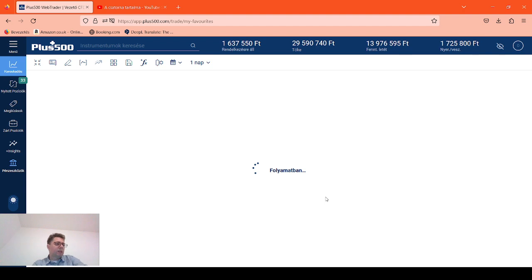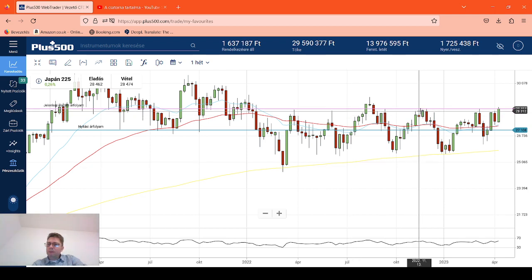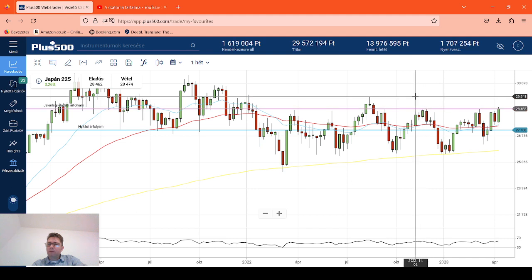Let's go over to the weekly to see what is happening here. Yeah, we are at major resistance. Can we break above there? If yes, then we will go to 29,200.